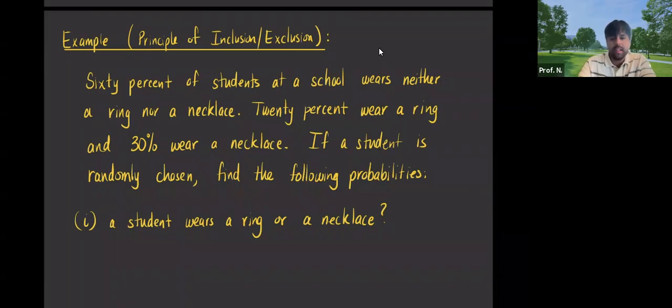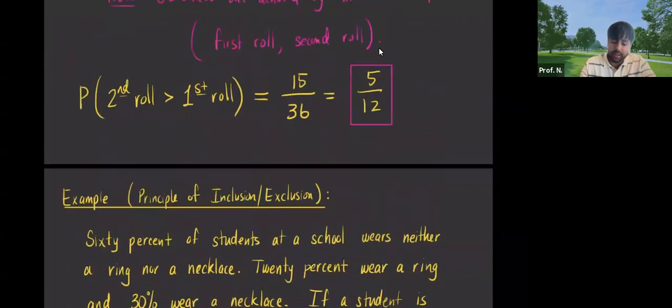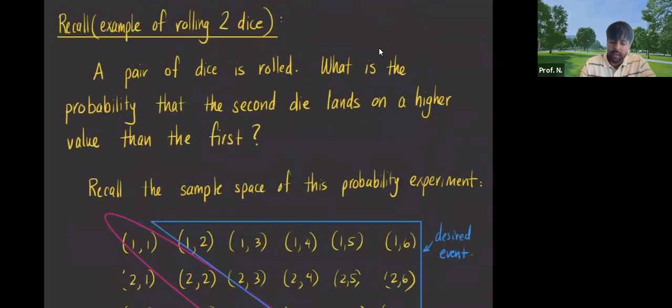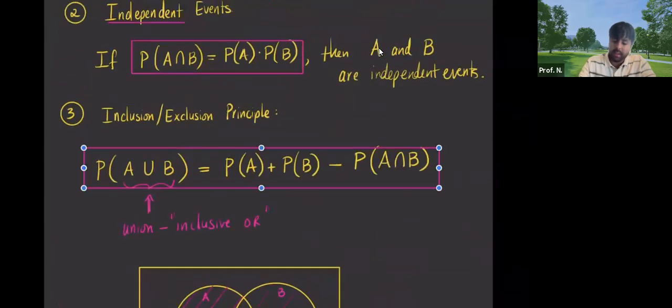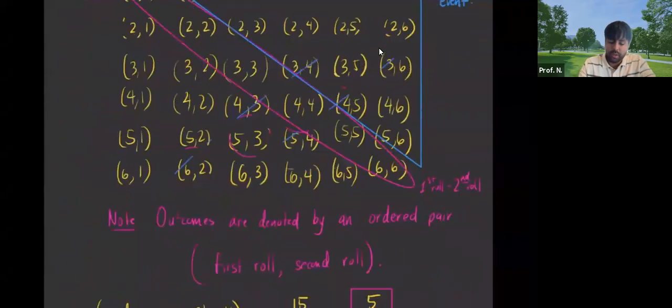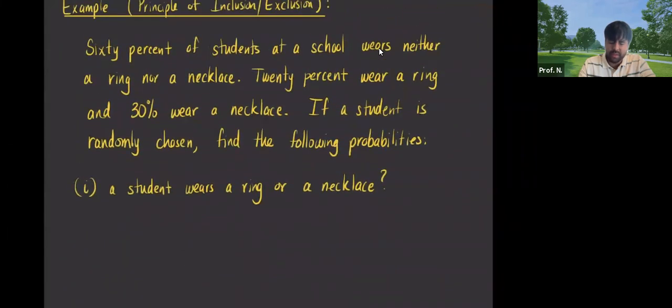And this is where I stressed earlier in the recap that this is an inclusive or. When you see these words, sometimes people think of or and say plus, but you have to be a little more careful with that.